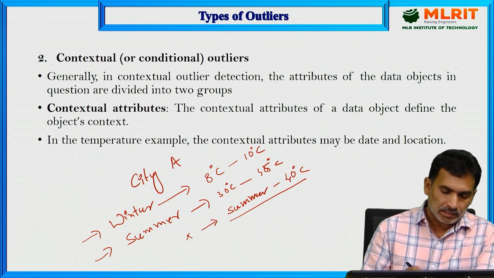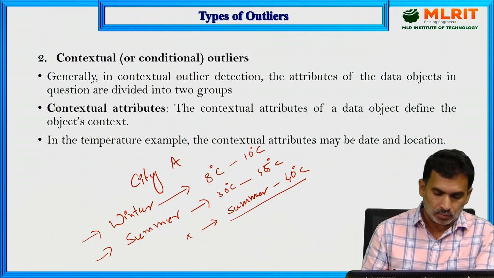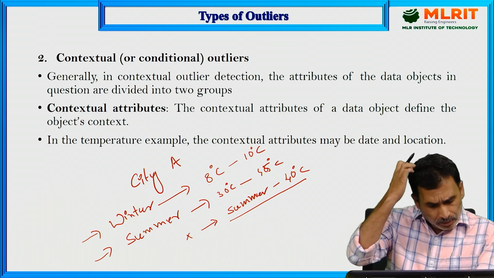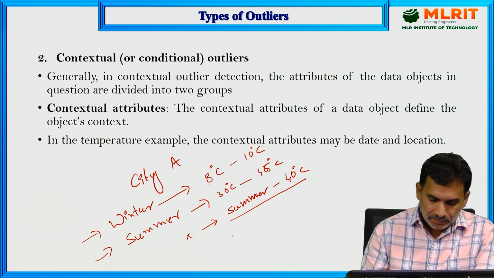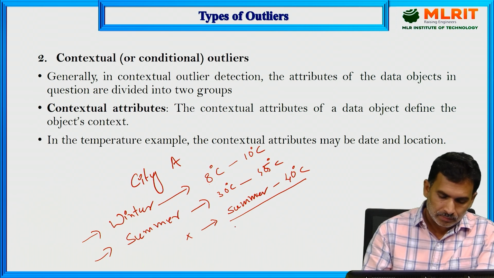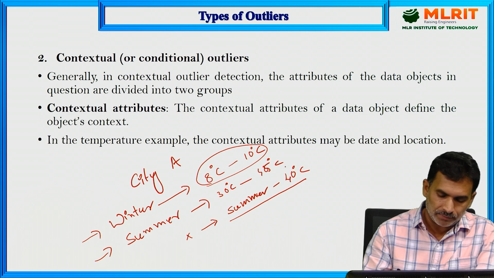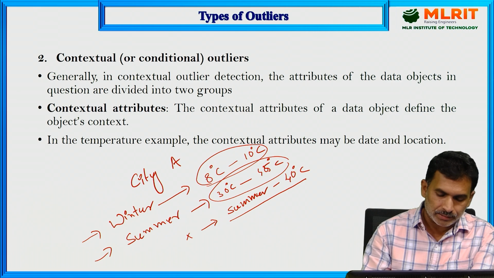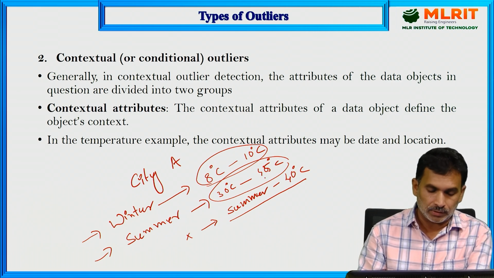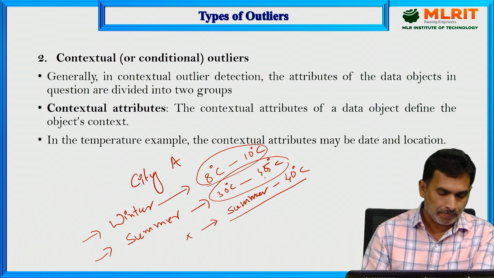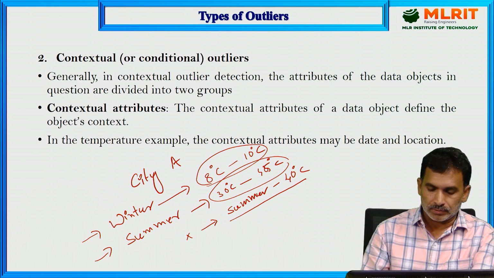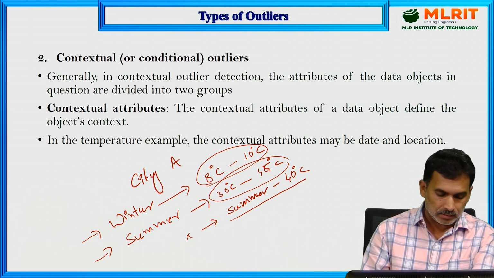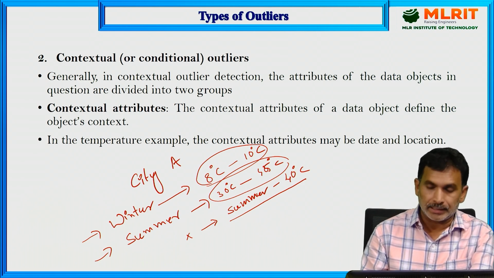But if you have collected the entire year's temperatures, a few would be very low and a few very high, so these would not be considered outliers. The contextual attributes in this example may be the date and the location.